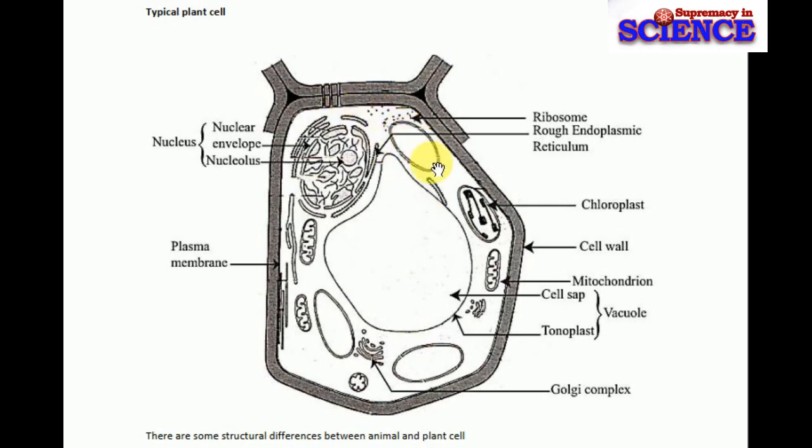If you go to the other parts, mitochondria and Golgi are present. You can see a very thick and very rigid structure around the cell. Even you can see there's a specific shape for the plant cell. Why is that? Because there is a hard material, a cellulose cell wall, present around the cell membrane. Internally, this thin line is the cell membrane.